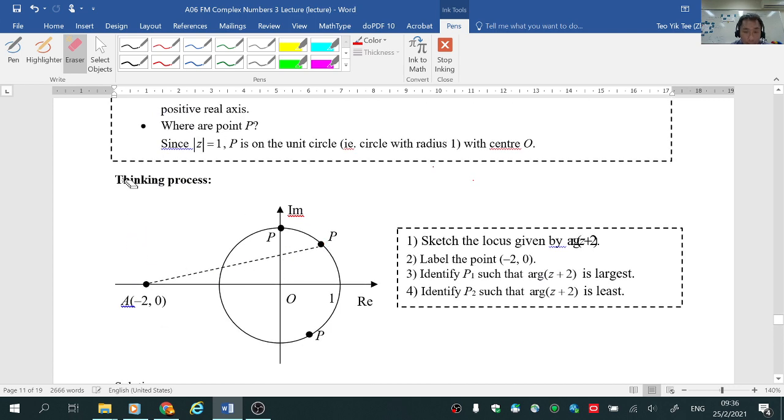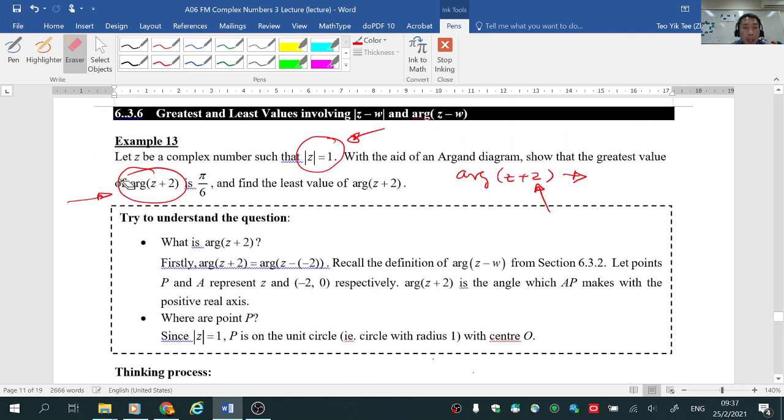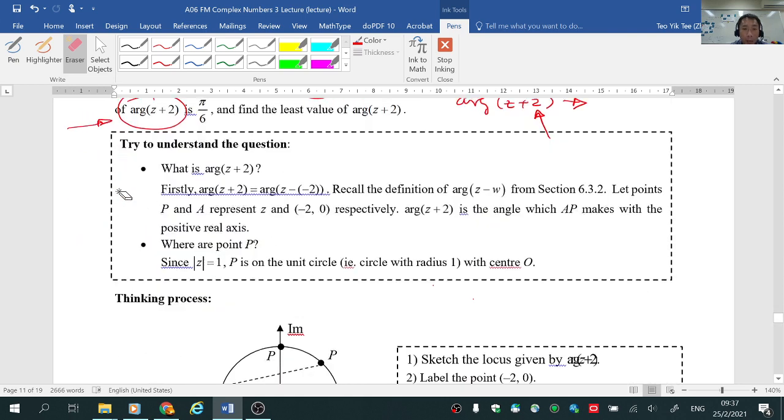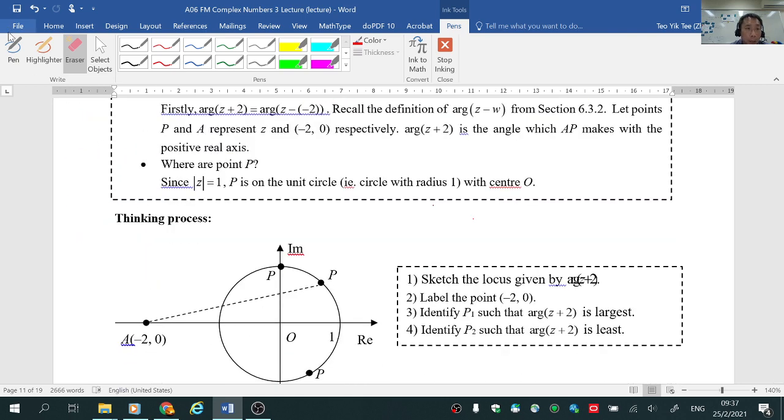So from here, where is the largest possible value? It requires a little bit of geometry. It will happen when this line just touches this point. This will be the largest possible angle that we want.